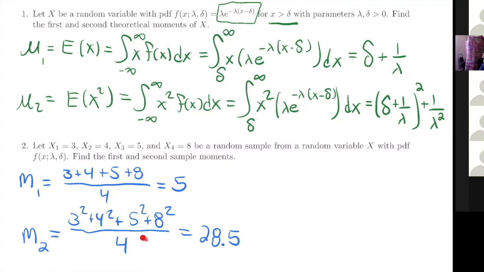The second moment would be the average of the x squared. So this calculation gives us 5, and then for the second sample moment, we get 28.5. So these are our numbers. Okay. Any questions?